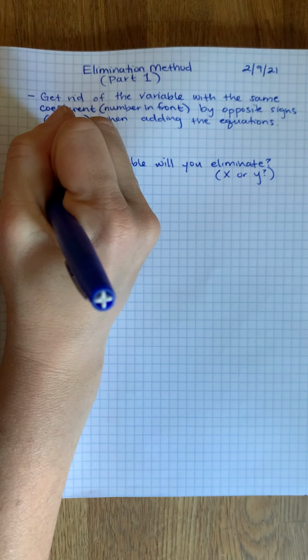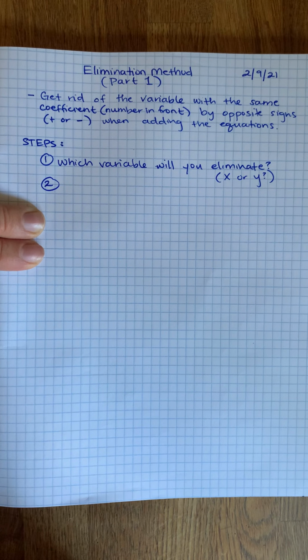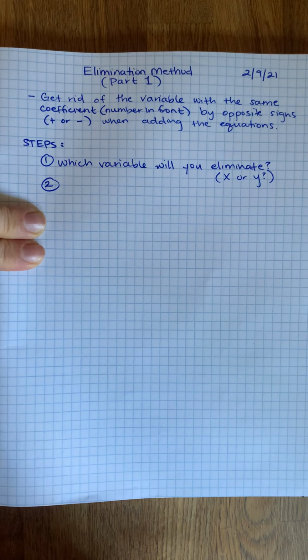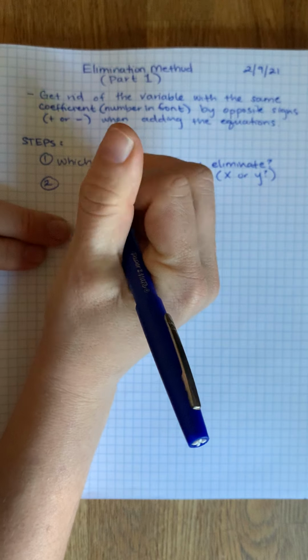Second step, do you need to multiply your equation so that you have the opposites in the coefficient?